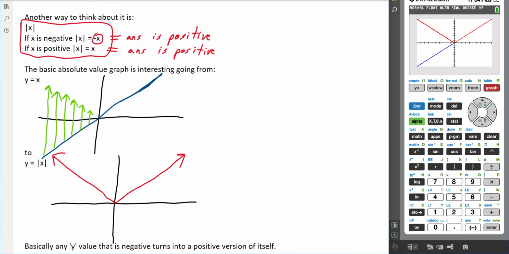All that happened was that the negative side went from being negative values to being positive values. And it just flipped across the x-axis so that all the y values are positive.